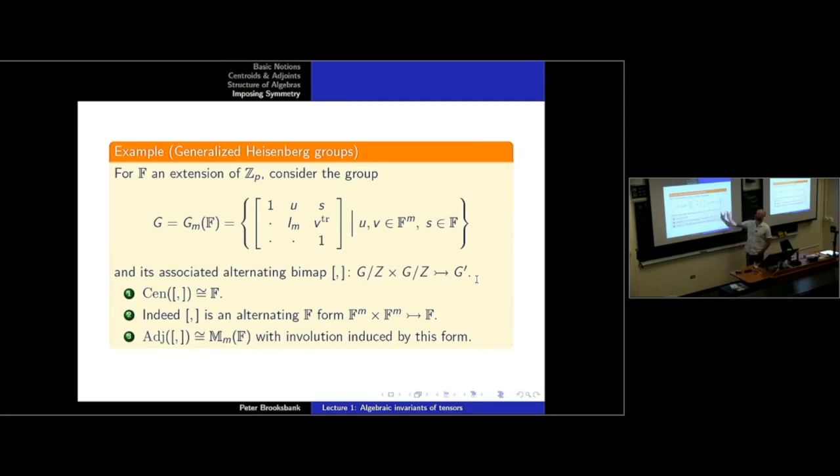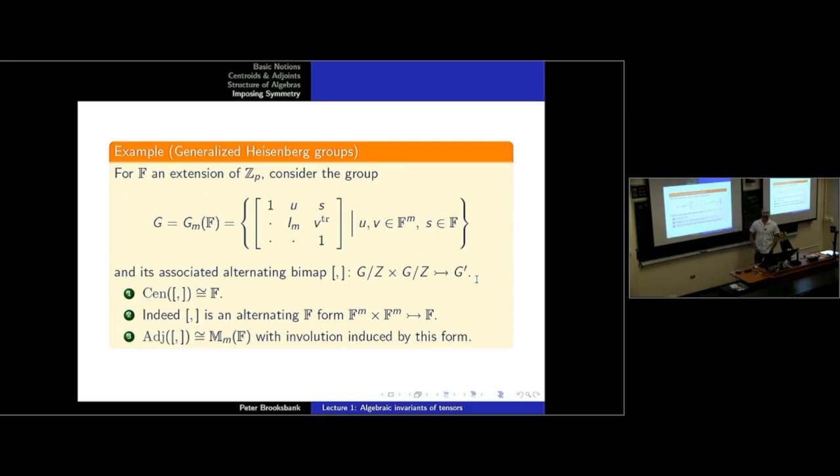You take an extension of a prime field, so just our favorite field F of q elements, and you take an integer m, and we're going to build this m plus 2 dimensional matrix with the m by m identity matrix in the middle. We're going to take 2 vectors in F to the m. One of them is going to be a row vector, the other one we're going to transpose and put on as a column vector. And then take any scalar S in the field.